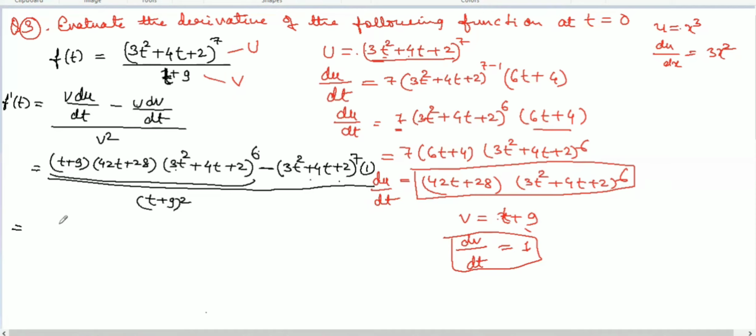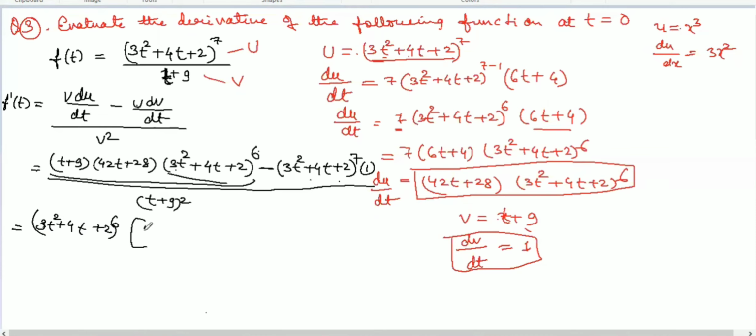So we will make our calculation a little bit simpler. From here I can take 3t square plus 4t plus 2 to the power 6 common, and keep everything inside the bracket. Now this one goes out.